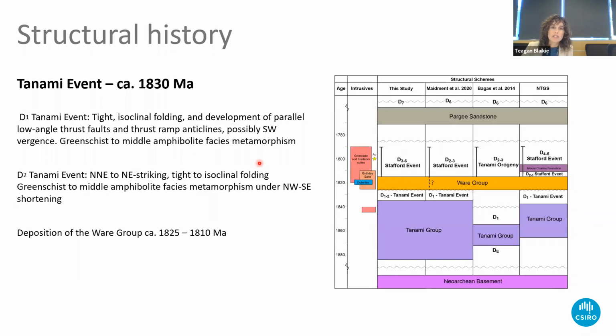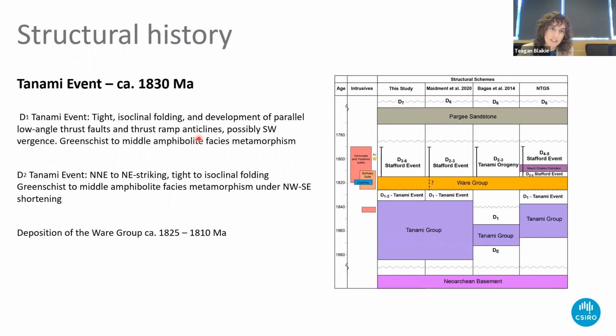So when we look at this structural history relative to the major deformation events characterised within the region, you have two events associated with the Tanami event at 1830 Ma. The first phase of deformation is characterised by those tight isoclinal folds, development of low angle thrust faults, and unit repetition.